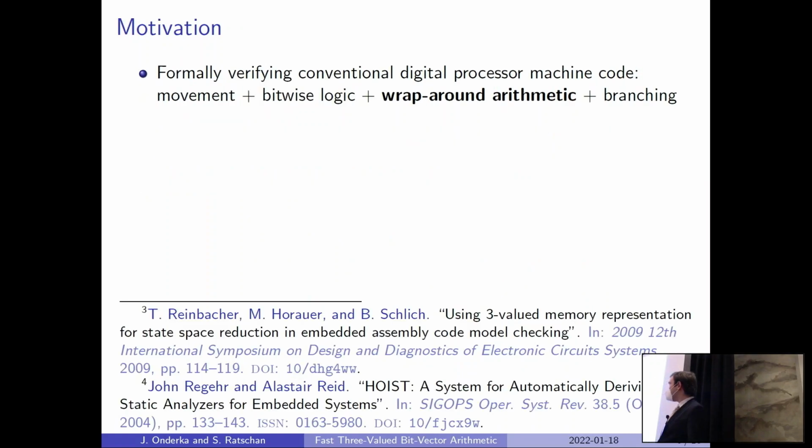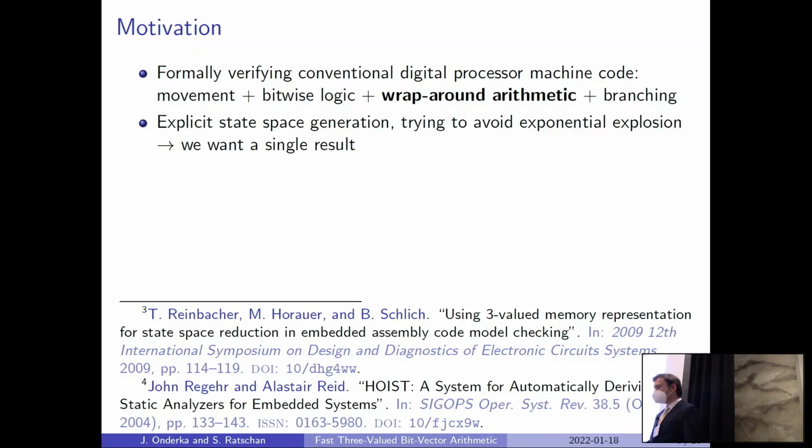So our motivation was to formally verify conventional digital processor machine code, where we have movement instructions, bitwise logic, wraparound arithmetic and branching. Some other instructions are there, but they are not that important.